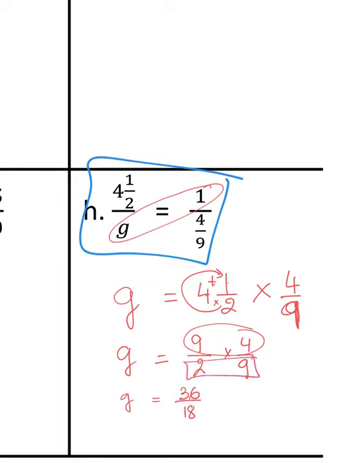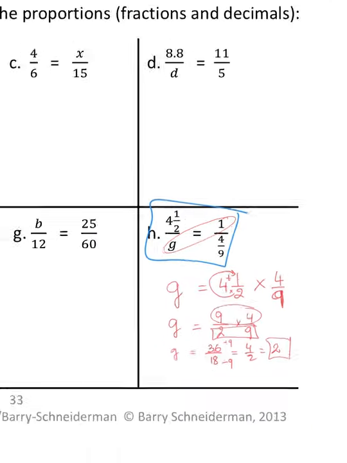So 36 over 18, I will simplify it by dividing by 9 on both sides. I got 4 over 2, which is just, ooh, is that right? Yeah. Which is just 2. So my G is 2.